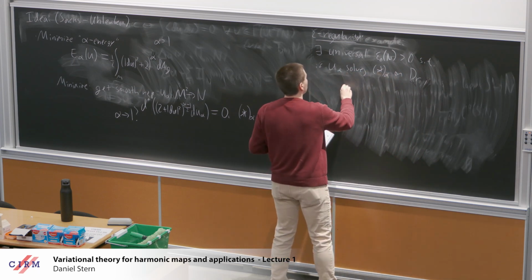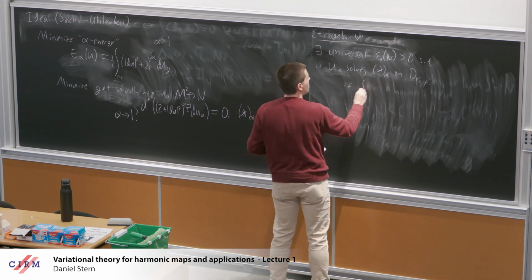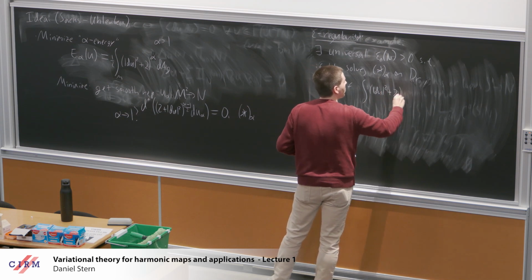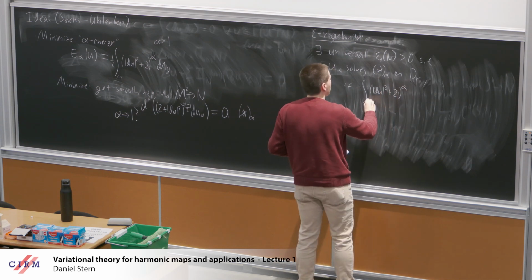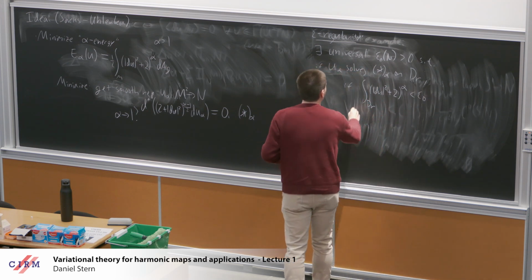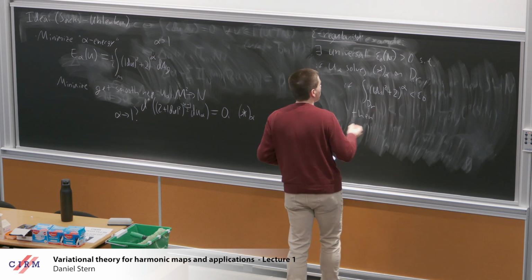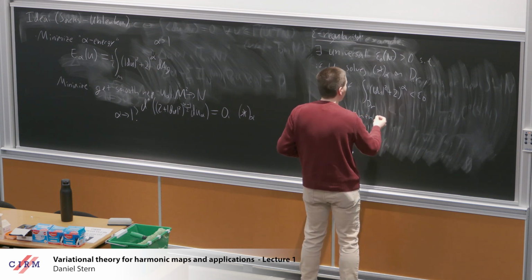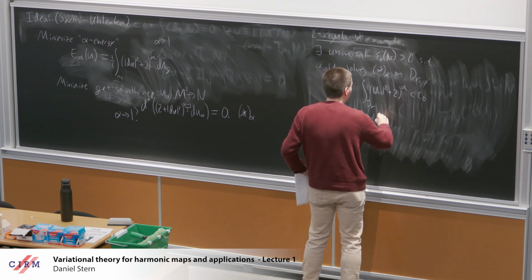Then if our energy is less than epsilon naught there, then we have not just smoothness, but we have estimates.